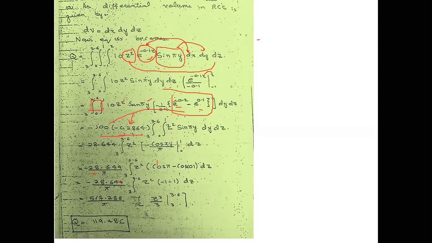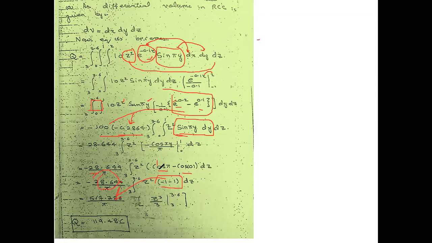Now it's the turn for the y, so apply the limits for the y and keep the z as it is. The integration of sine pi y is minus cos pi y over pi, and the limits are from 0 to 1, so replacing by 1 and 0 we will have minus 2 over pi, again taking it outside and merging with these values.